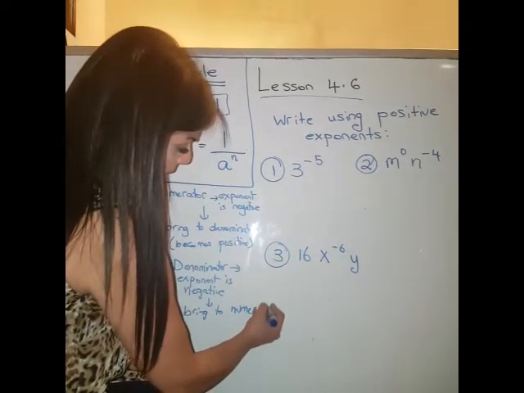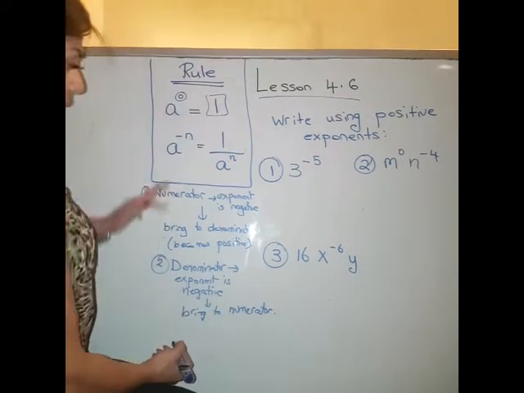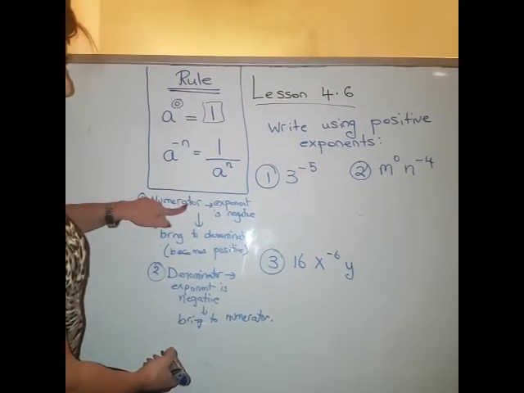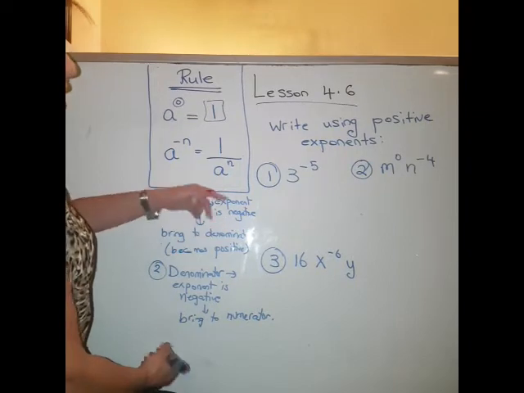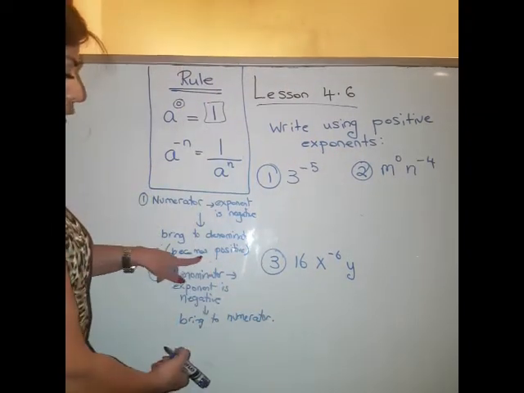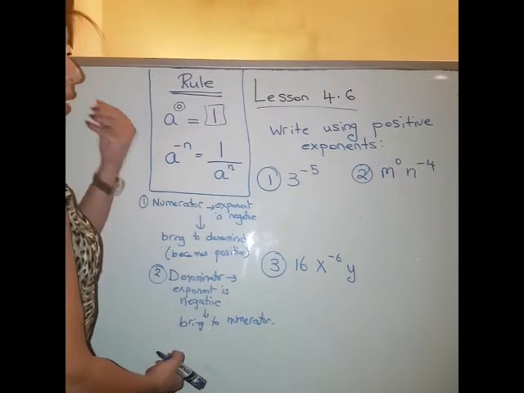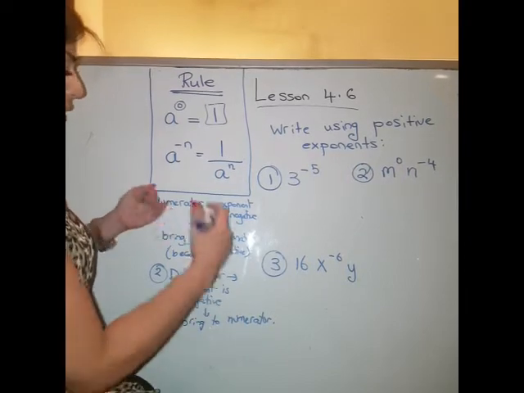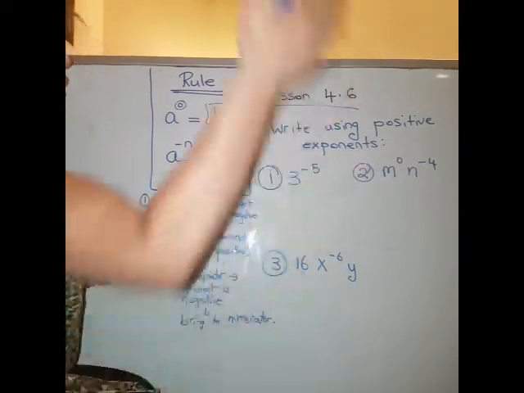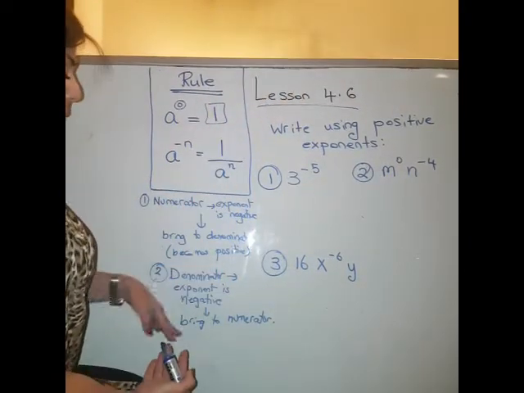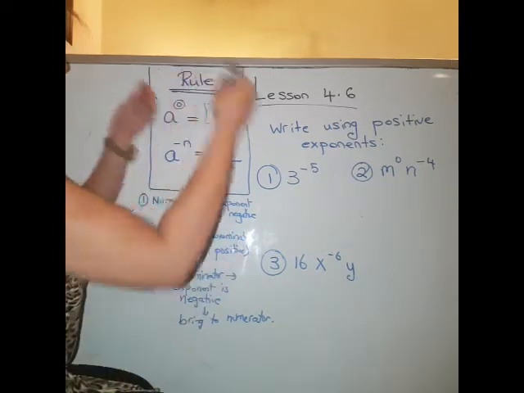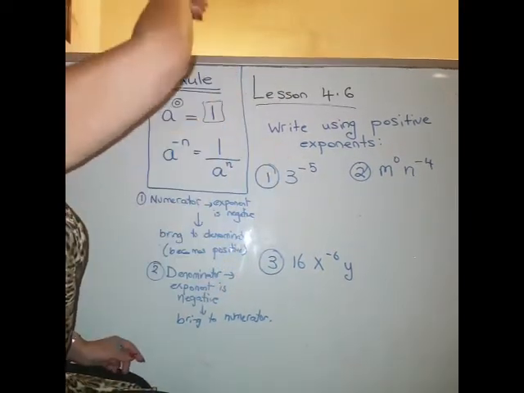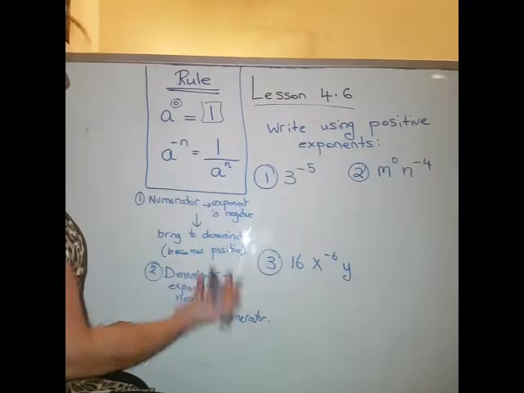What do I mean? Any number in a numerator with a negative exponent, if you bring it down to the denominator, becomes positive. Any number with a negative exponent in the denominator, if you bring it to the top in the numerator place, becomes positive. It's a vice versa thing. It's just like taking things from top to bottom and from bottom to top.